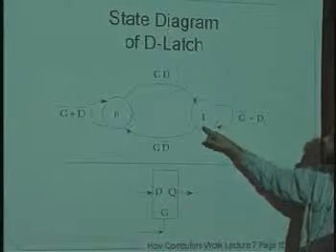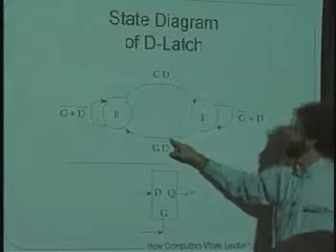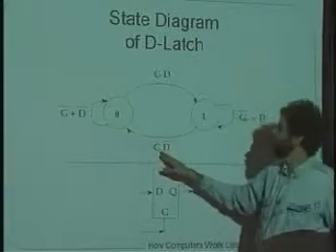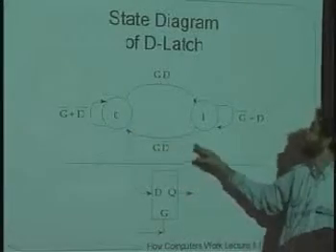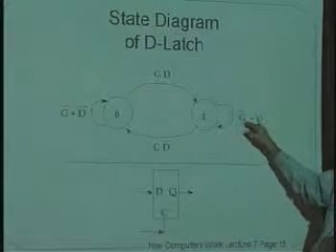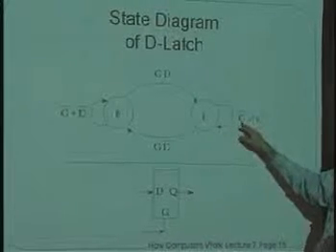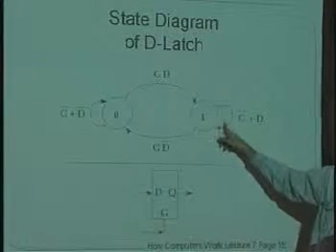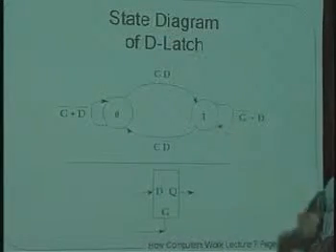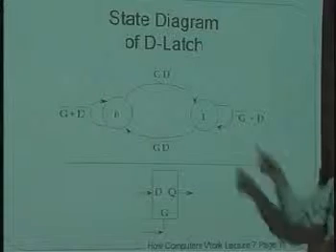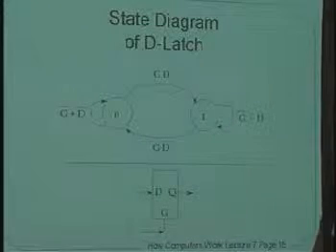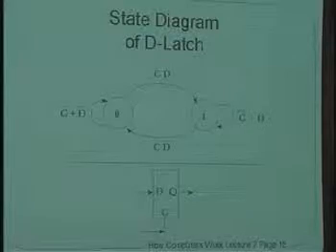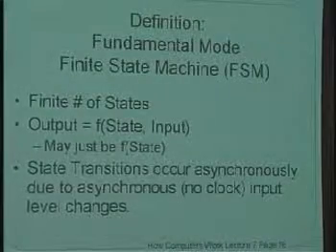And if you think about it, if the gate is high and the data is low, that's one of 4 possible combinations of G and D. And it turns out, if you think about it, these are the other 3. If the gate is low or the data is high, then we stay in this state. Those are the other 3 possible things that we could do. And the same is true on the other side. Just to get an idea of how you can use state diagrams to show how the circuits work.